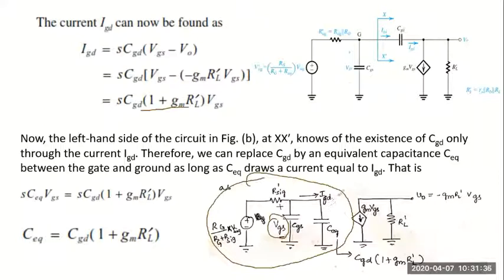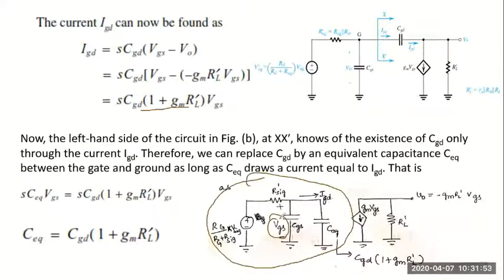Anyway, this is the circuit which we have to analyze, the one which I have circled. In this circuit, I have two capacitors in parallel, CGS and C equivalent. How do I consider capacitors in parallel? You add.